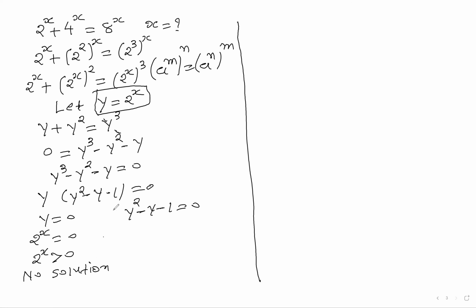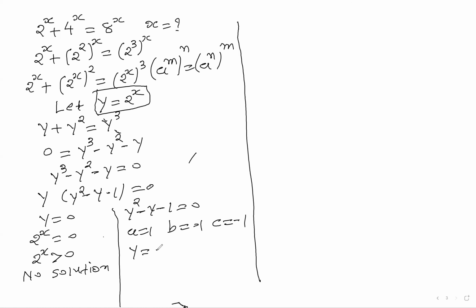So now I will try to work out only on the right hand side. So here I'll try to use my quadratic equation. So my a, b, and c are done first. So my a equal to 1, b equal to minus 1, and c equal to negative 1. So my y value is going to be minus b plus and minus square root of b square minus 4ac upon 2a.